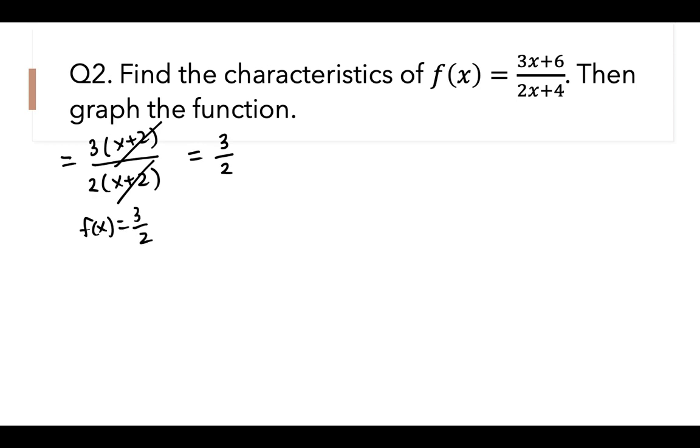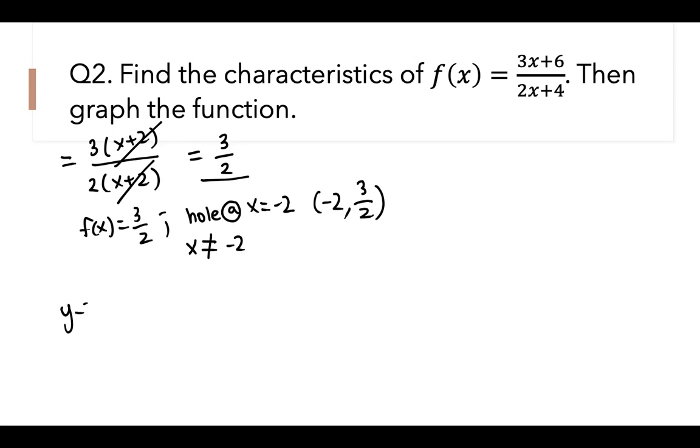So as you can see, there is a hole at x equals negative 2. So we know that for the domain, x cannot be negative 2. To find the hole exactly, I'm going to plug in negative 2 into the equation, but it's 3 over 2, so it's just going to be 3 over 2, the same. Okay. What about the y-intercept?